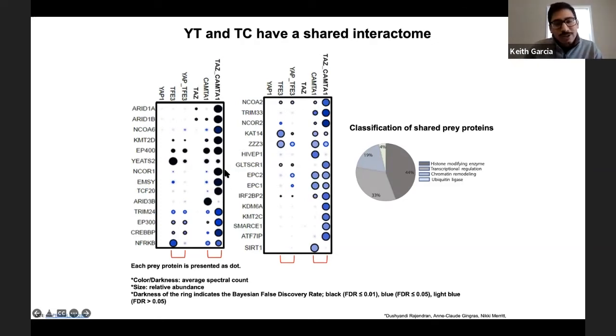And visually, what stood out to us is that the interactomes for TAZ-CAMTA1 as well as YAP-TFE3 largely overlapped with their C-terminal fusion partners, CAMTA1 and TFE3 respectively, rather than YAP and TAZ. And many of these interactors are actually enriched for chromatin modifying cofactors involved in histone modifying complexes and ATP-dependent chromatin remodelers.